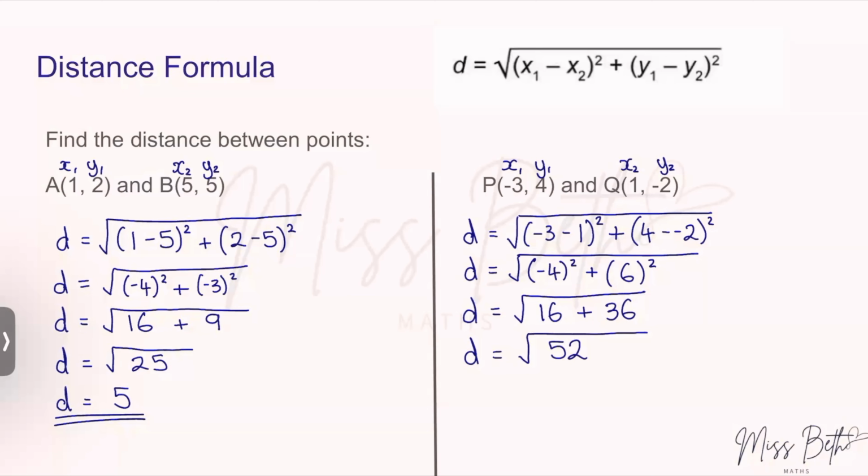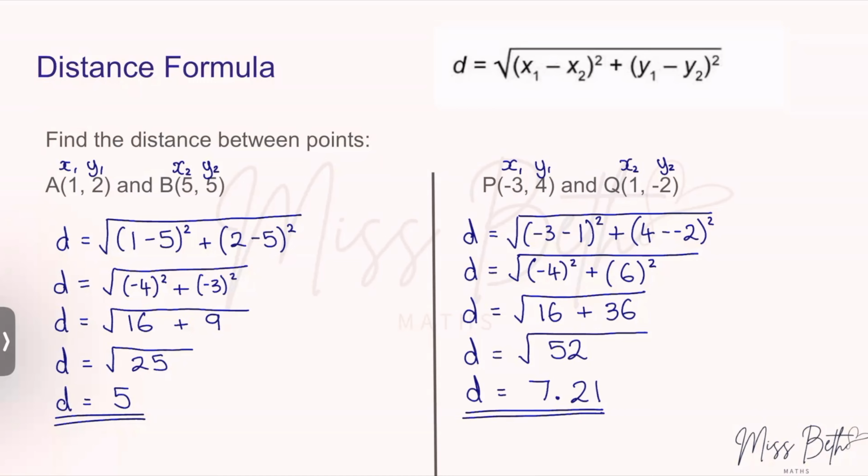So we're just going to do a decimal to two decimal places. You would put this into your calculator. You would get 7.211, which of course approximates to 7.21. And that would be your final answer for that one.